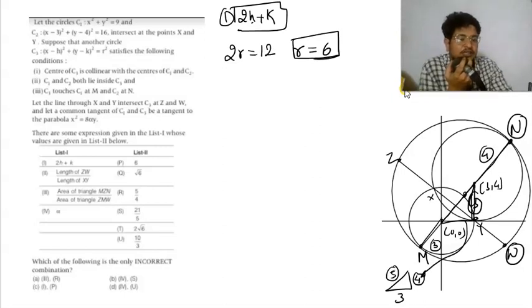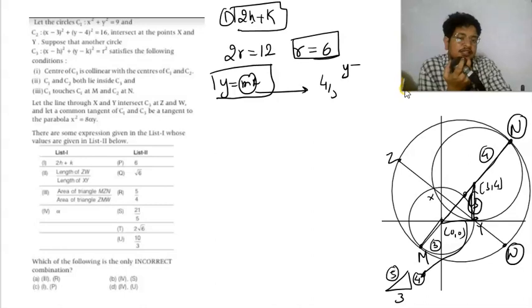And we all know that if a line passes through the origin, then y is equal to mx will be the equation of that line, and here m is nothing but tan theta, and tan theta we know is equal to 4 by 3, which means that y is equal to 4 by 3 x.